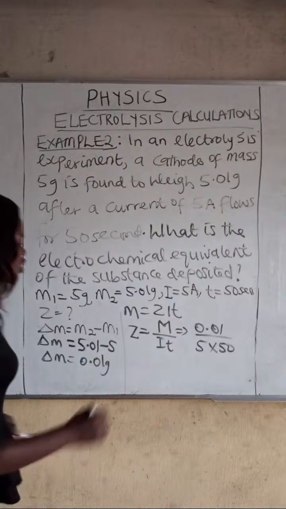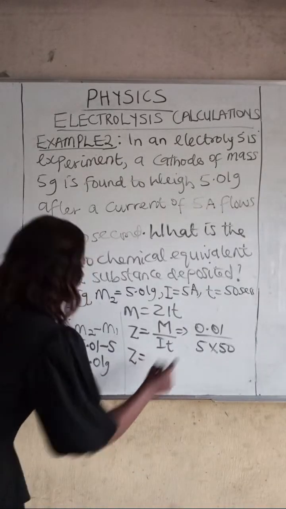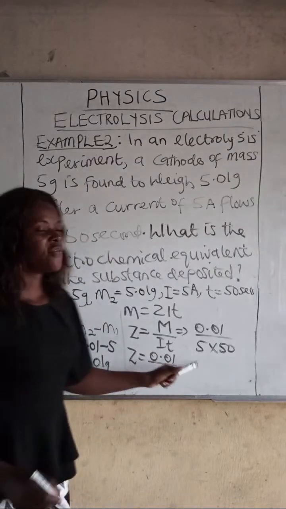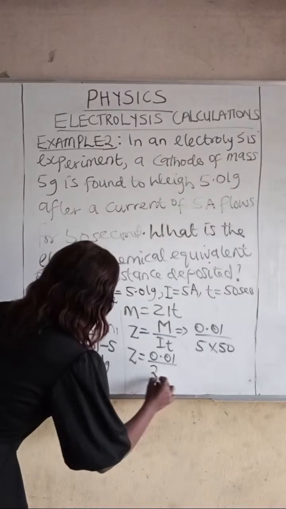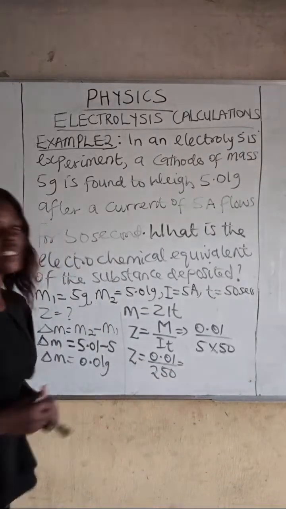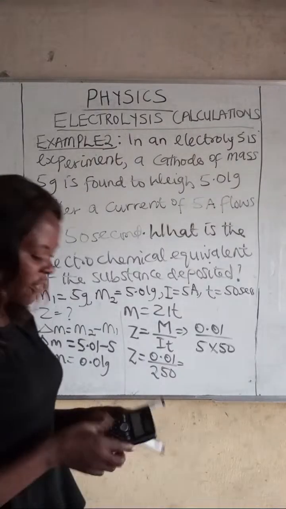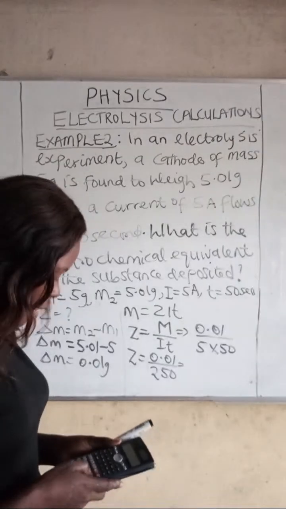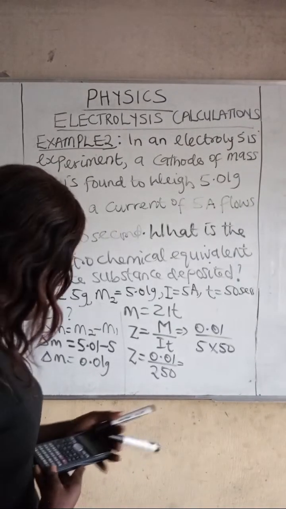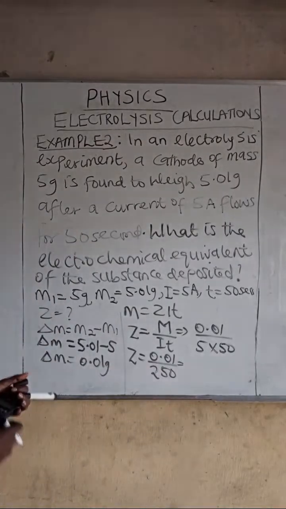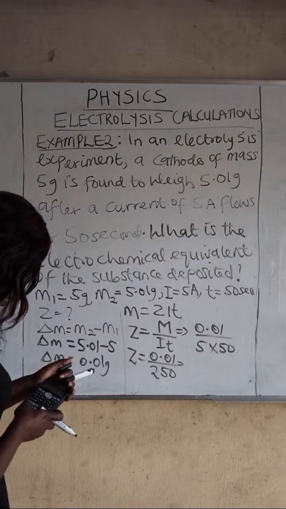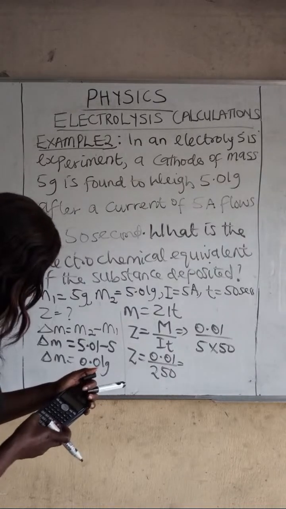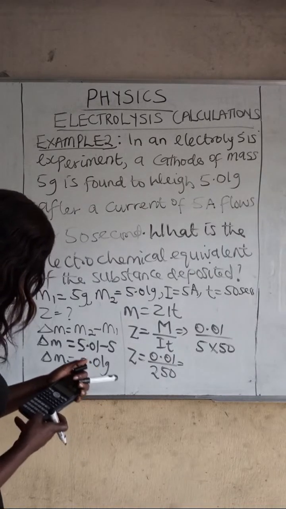Okay? So what I'm going to do next is I'm saying Z is equal to 0.01 over 5 times 50, which is 250. Then I'll use my calculator to divide 0.01 by 250.